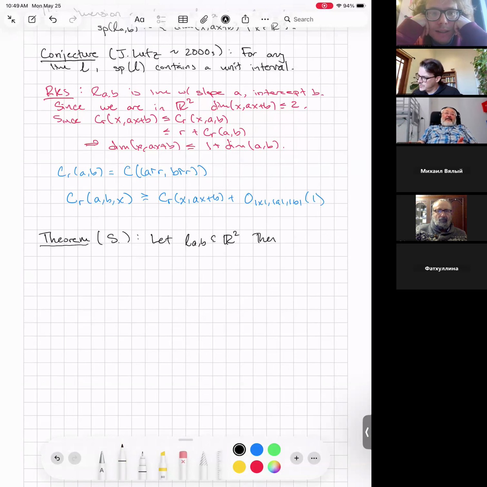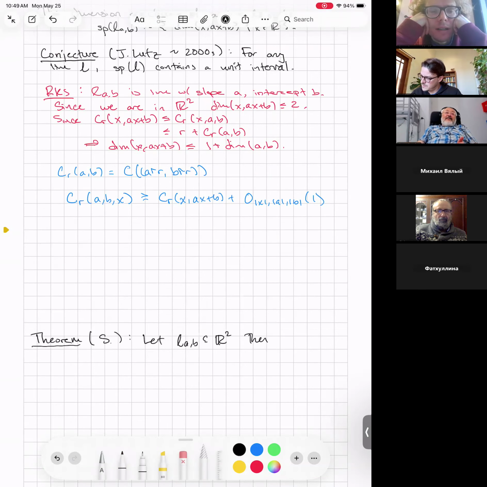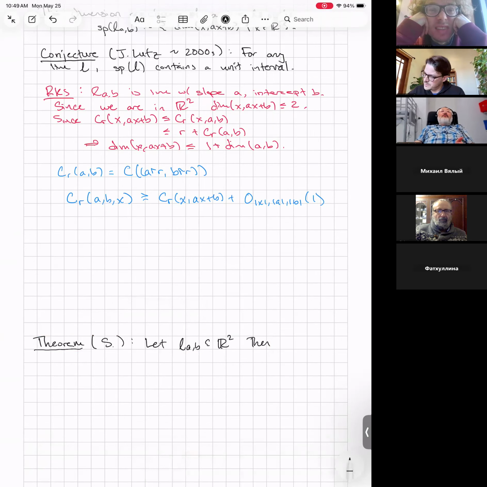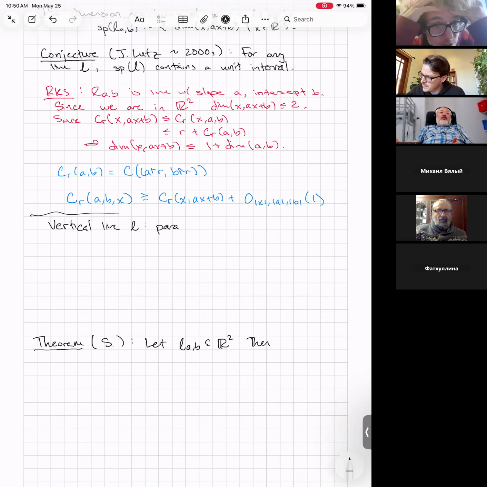Okay, you say that if I have a vertical line, how is it defined? Formally a line is ax plus b, but its complexity is the complexity of the intersection with the x axis, which is just the complexity of the first coordinate of the line.